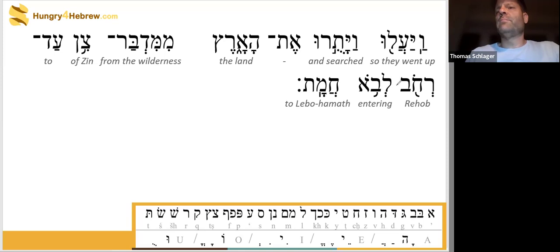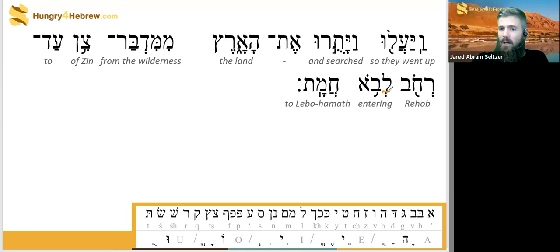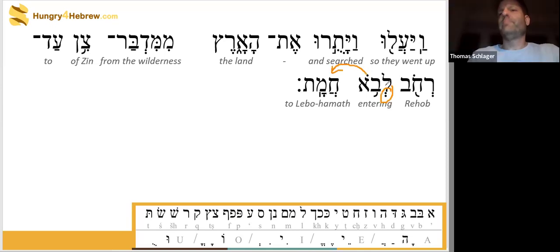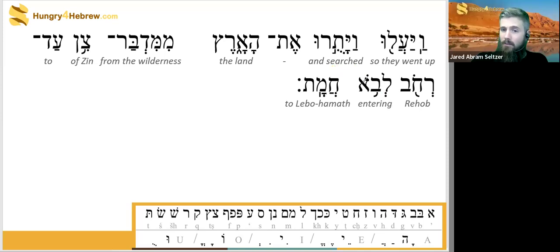To come. Right. Usually it should be lavo, to enter. But here it's got a shva because it's in construct with the next word. So we lose the kamatz. So the entering of, or either the entering or going of Hamat.